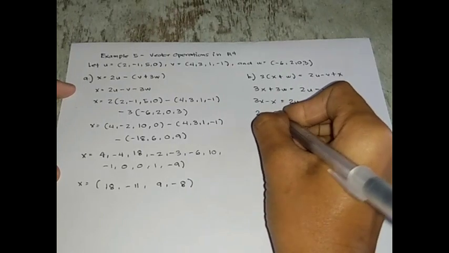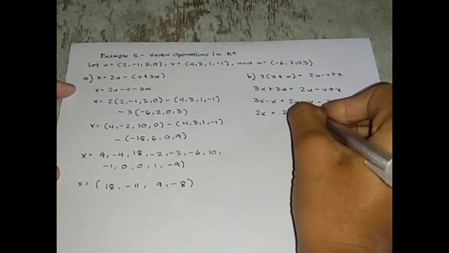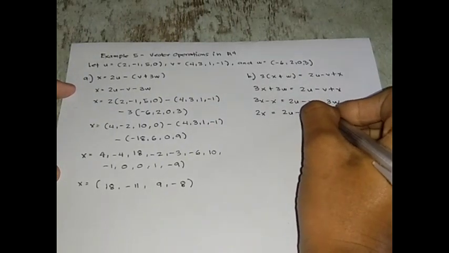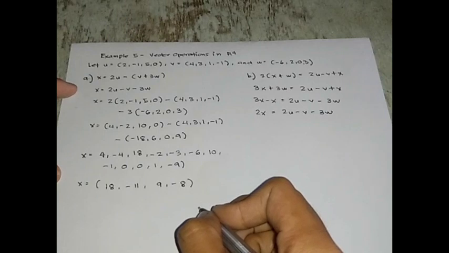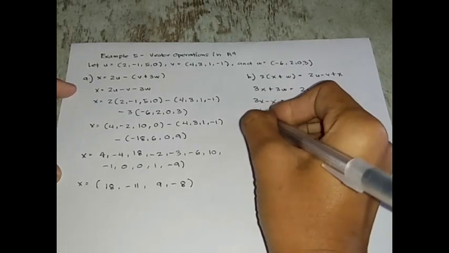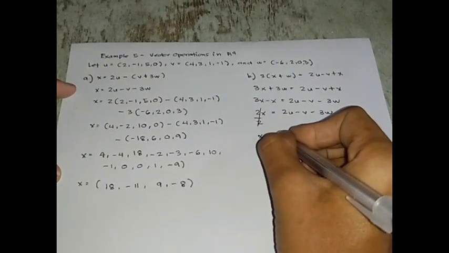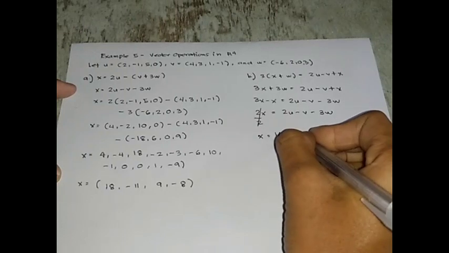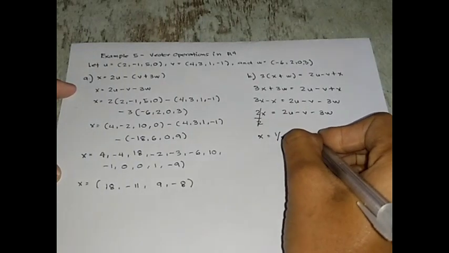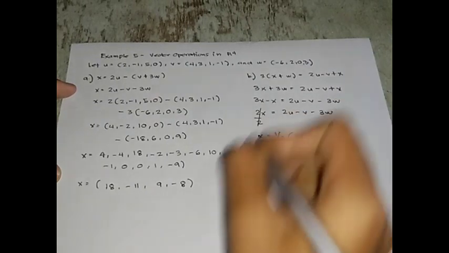Then it is equal to 2u minus v minus 3w. Then we will divide it by 2. X is equal to 1/2 times (2u minus v minus 3w).